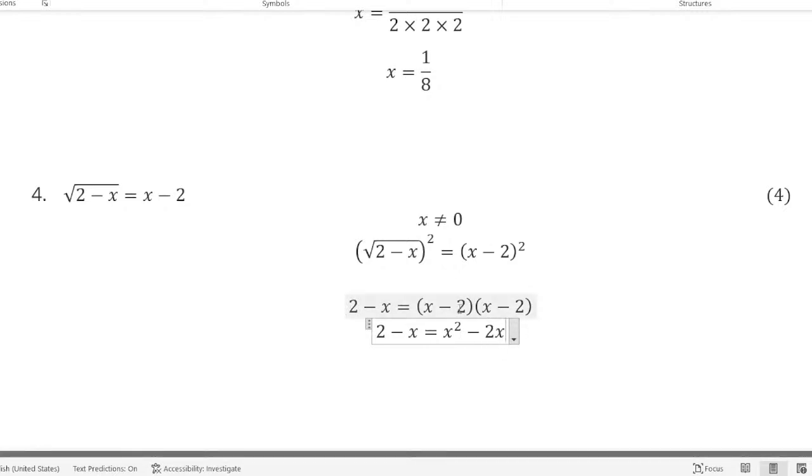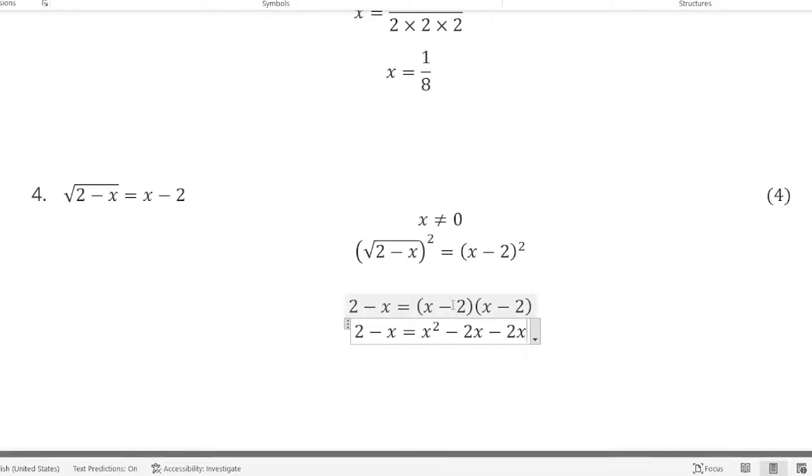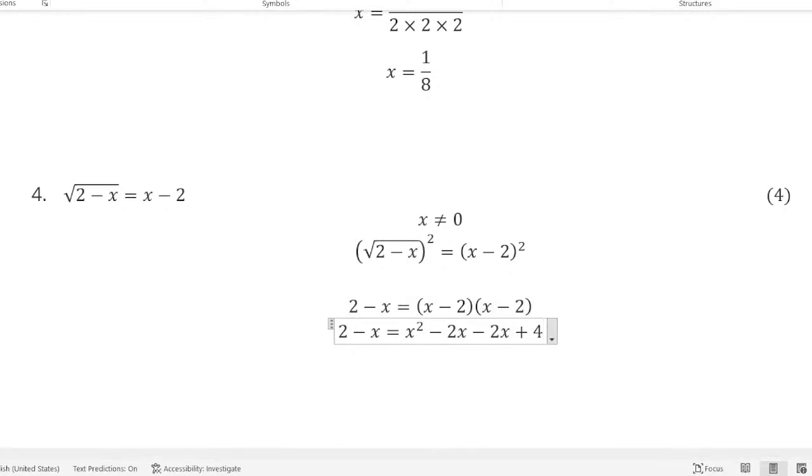Then inner terms, negative 2 multiplied by x, so it's going to be negative 2x, right? Then last terms, negative 2 multiplied by negative 2. Remember, a negative times a negative always gives a positive. It's going to be positive 4.